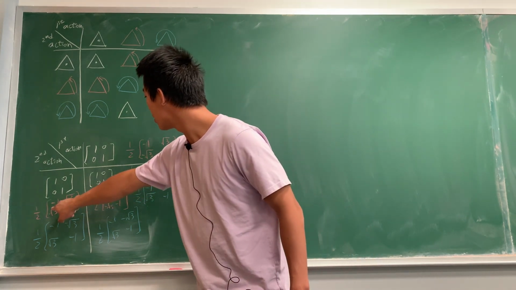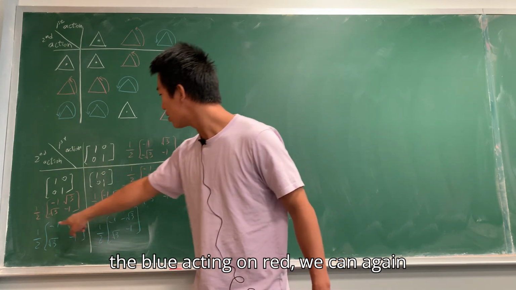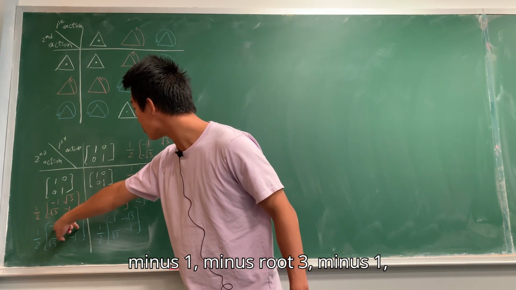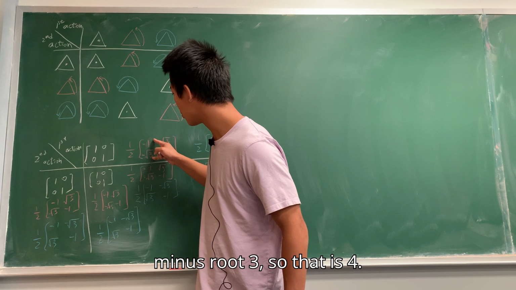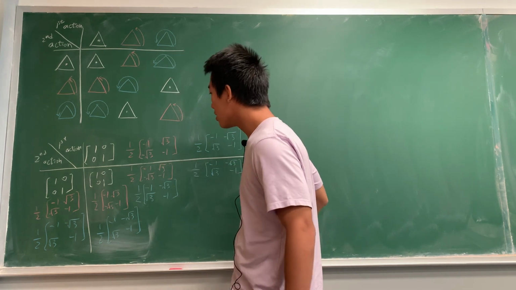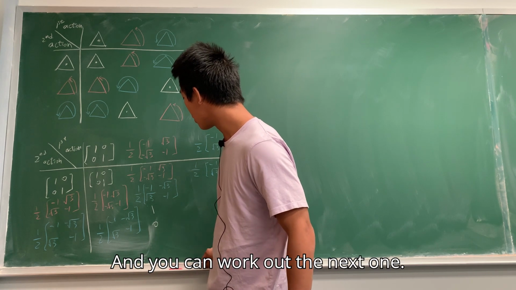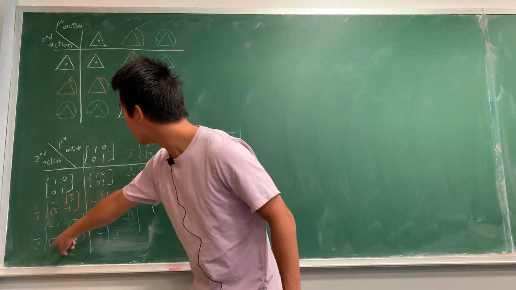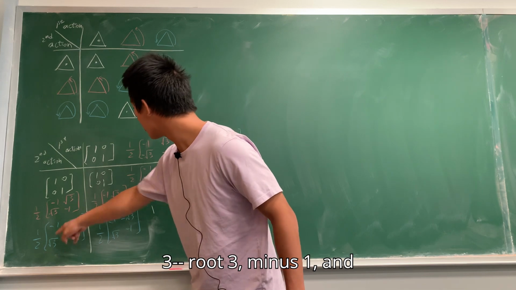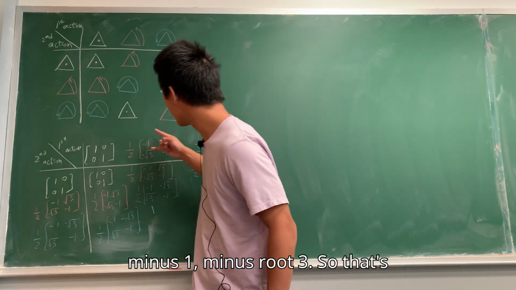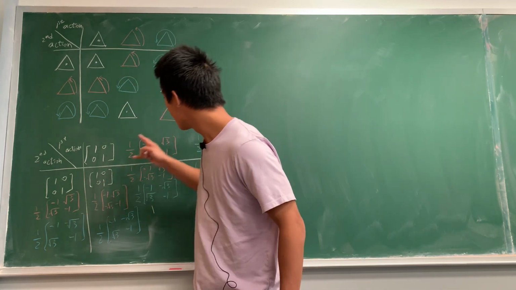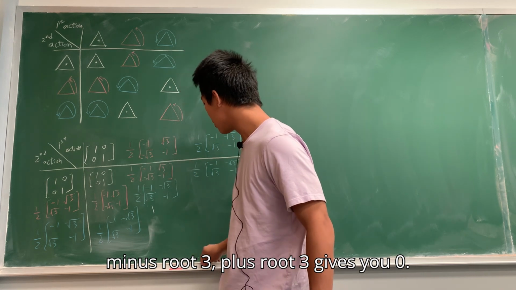For the blue acting on red, we again have minus 1 minus root 3, minus 1 minus root 3, so that is 4. Divided by 4, that gives you 1. And you can work out the next one, root 3 minus 1, and minus 1 minus root 3. So minus root 3 plus root 3 gives you 0.